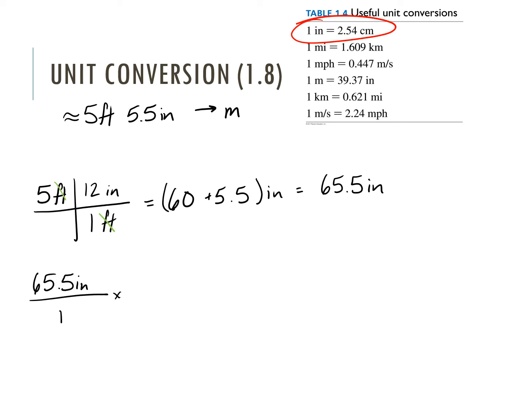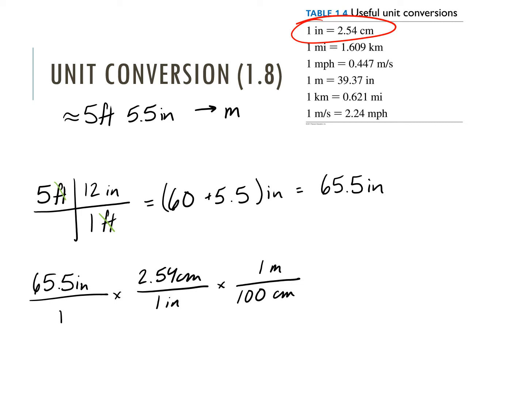So 1 inch is 2.54 centimeters. But I don't want to stop at centimeters, right? I want to go to meters. So there are 100 centimeters in a meter. So I'm going to divide by 100 centimeters, and that's going to give me my value in meters.